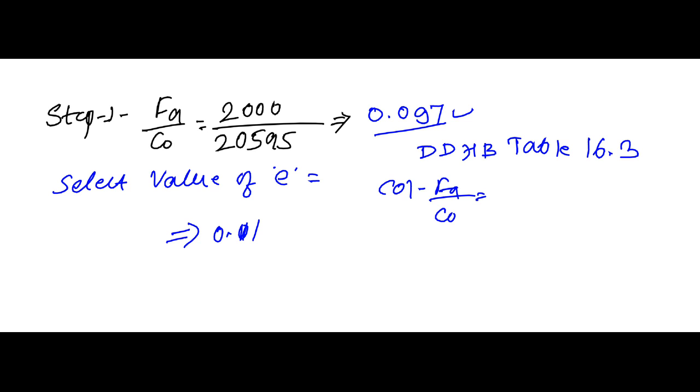For this one, you can refer to the 14th column. For example, for 0.110, the e value is 0.30.